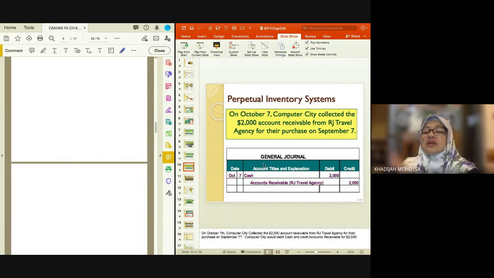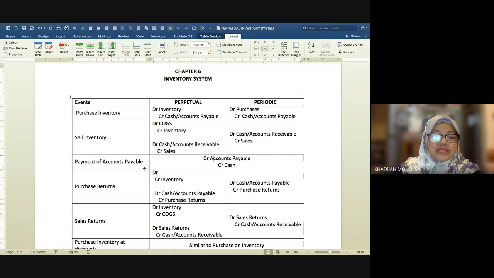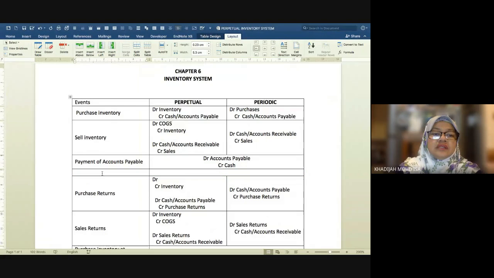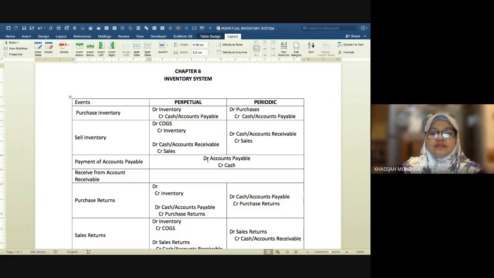Okay. So this is when you make payment of accounts payable and when you receive cash from accounts receivable. So what would be the entry?